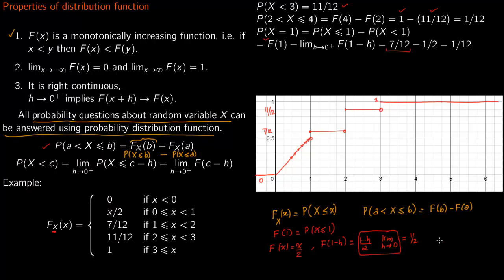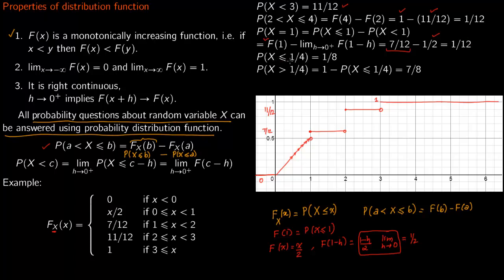That is what we are taking right here. Limit h goes to 0 from the positive side, that is, we are going from the left side. This gives you half. So 7 by 12 minus 1 by 2 gives you 1 by 12.